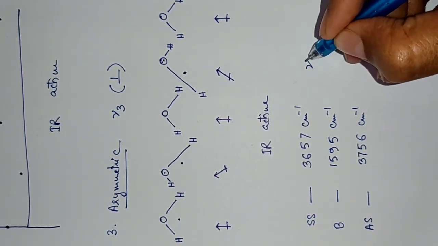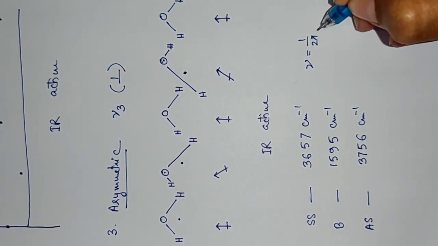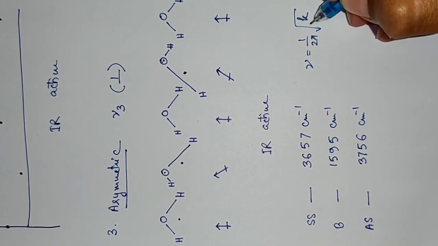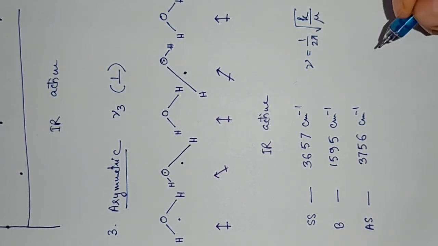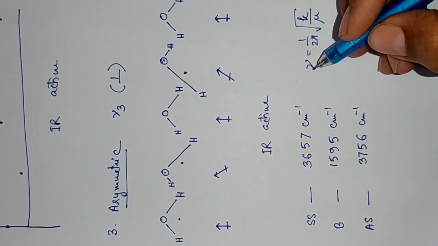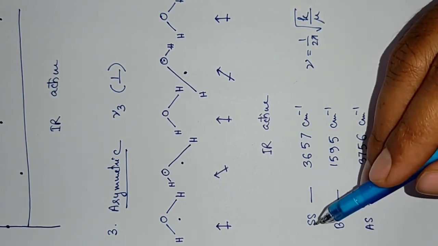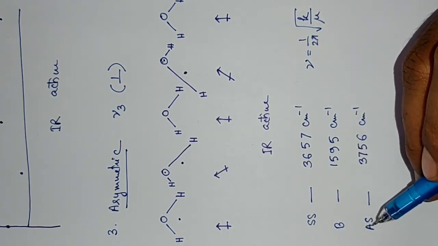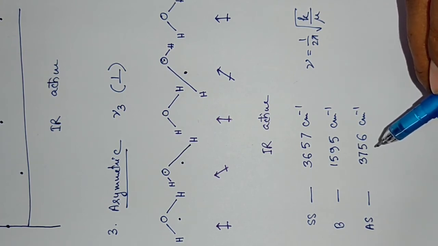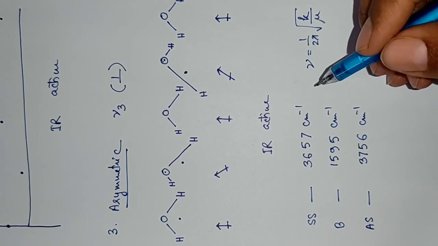Now vibrational modes will be associated with a frequency, and it can be expressed as 1 by 2 pi root over k by mu. This is the classical vibrational frequency. Now more the bond strength, more will be the frequency. So one can easily claim that the symmetric stretching and the antisymmetric stretching are associated with stronger vibrational modes.